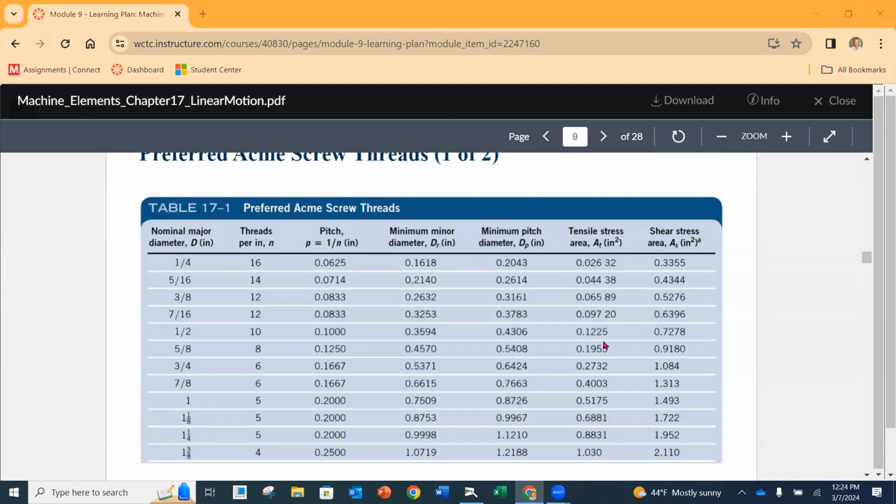As we go down the chart, the area gets larger because our diameters get larger. The rod physically gets larger. We'll be coming back to this when you look at sizing what would be the appropriate lead screw to use.